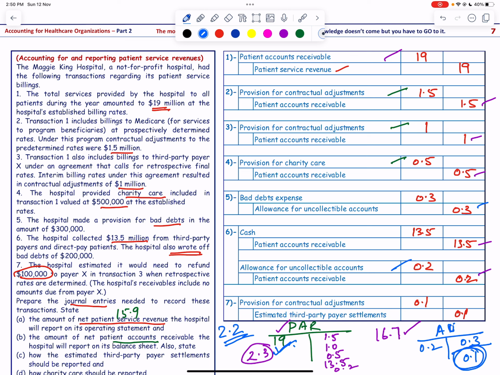So the net patient account receivable is 2.2.